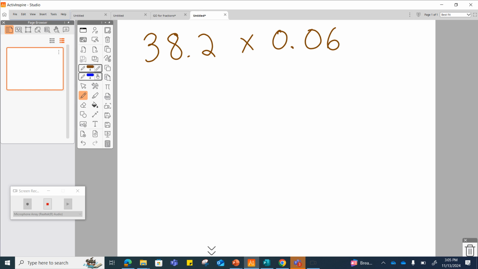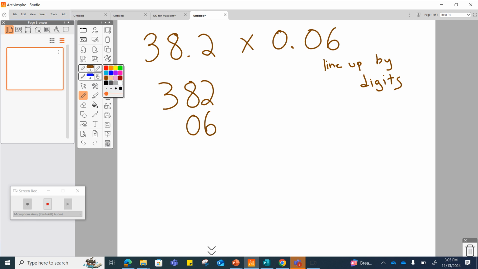When we are multiplying, we are going to line up our problem by our digits, meaning I can think of this as 382 and 0.006. My decimals are actually here and here, but you notice I lined it up by my digits, not my decimals.